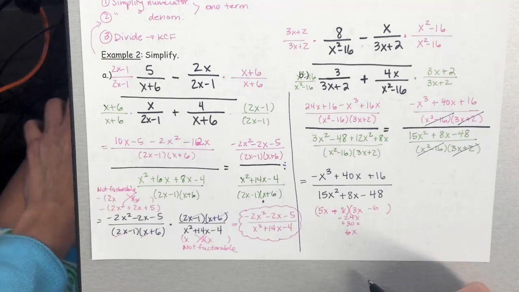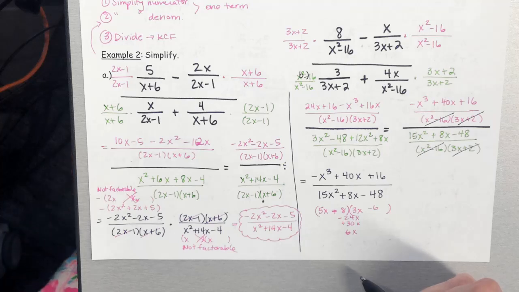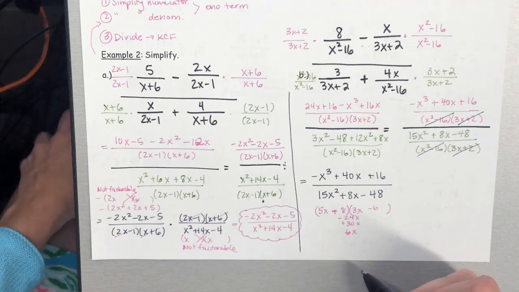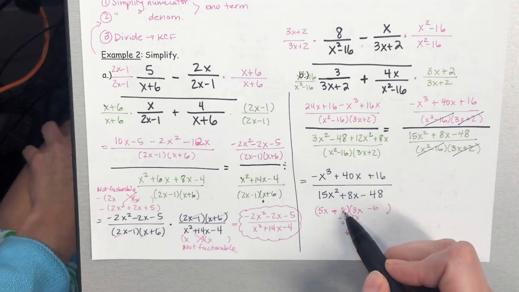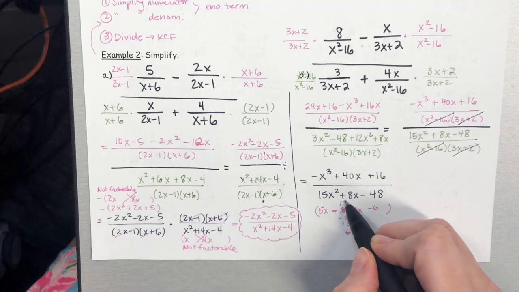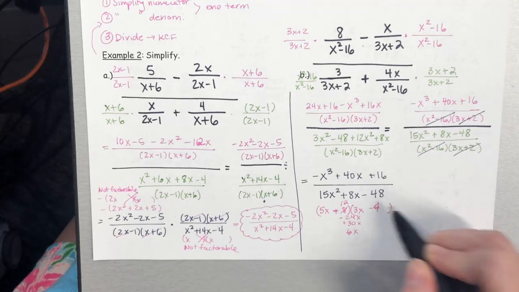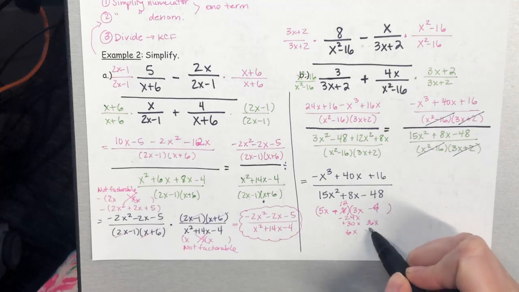Okay, so anything else that I try is just going to be too big. Like if you get the 4 and the 12, you get 36x minus 20x.